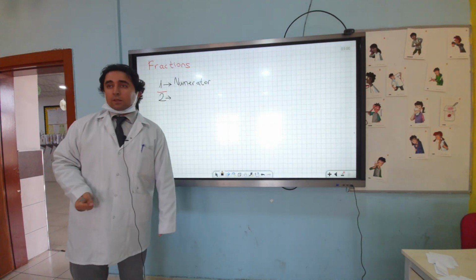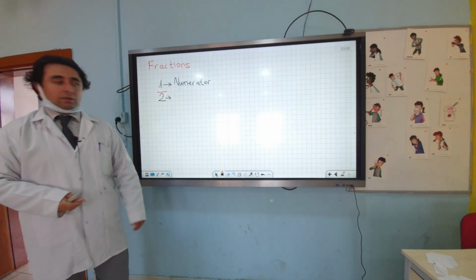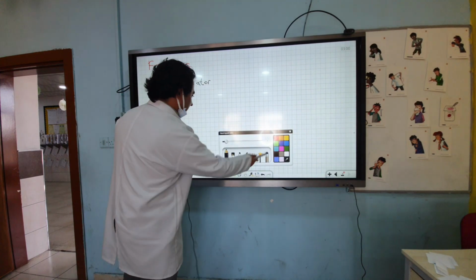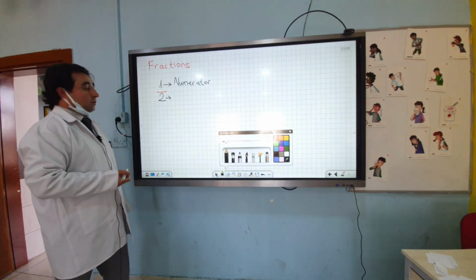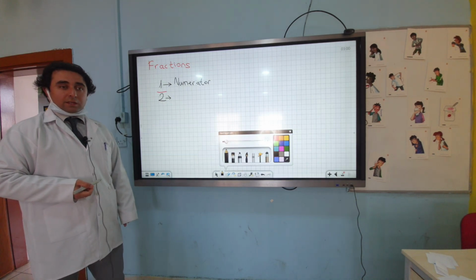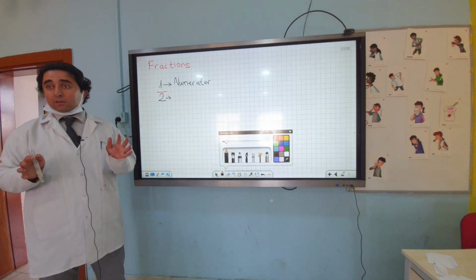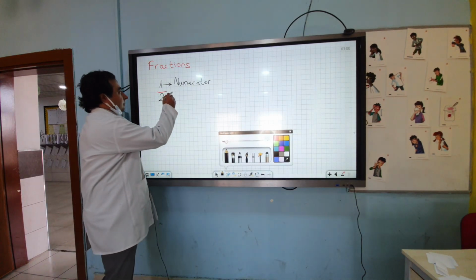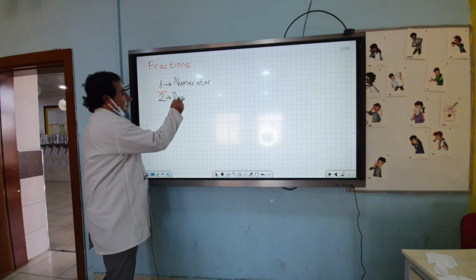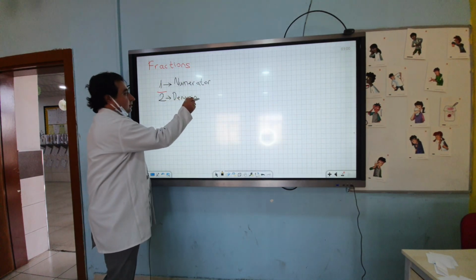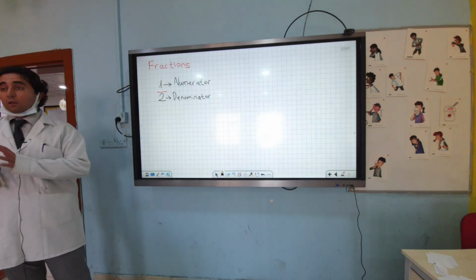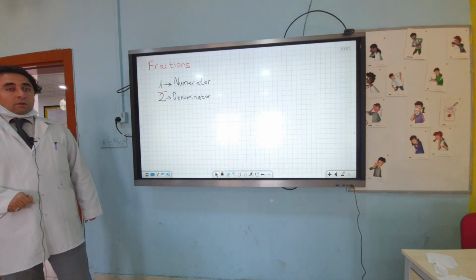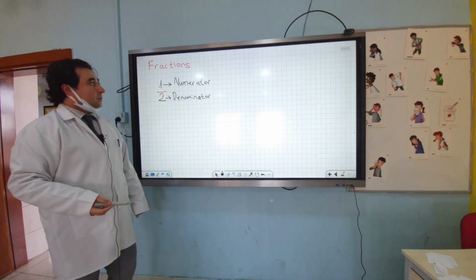Denominator. Remember at the first lesson we could not pronounce it well, but it is very good now. You can all say denominator. Great job. Denominator. Then we are going to write other examples.